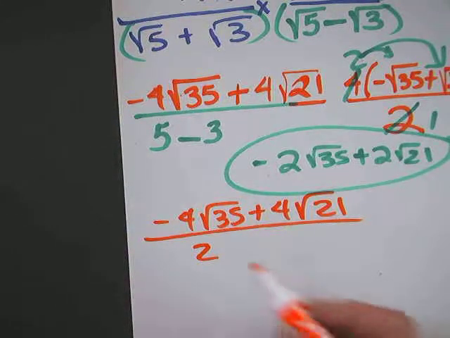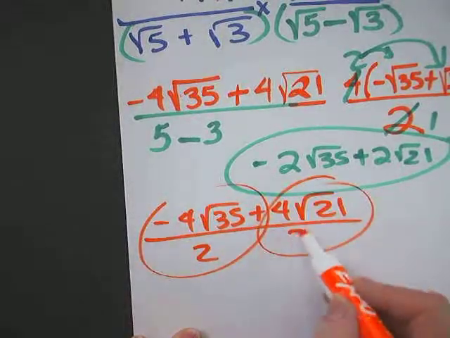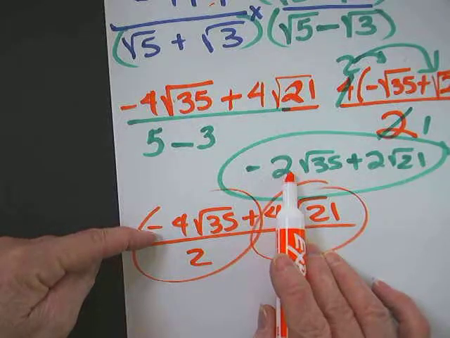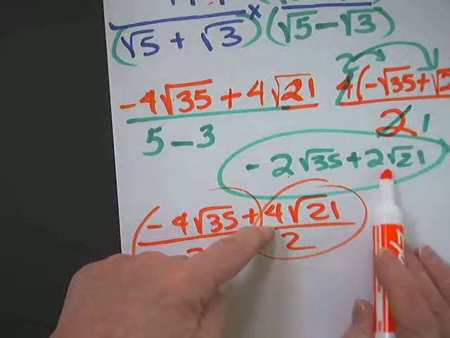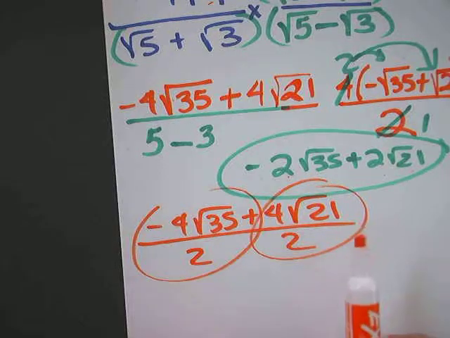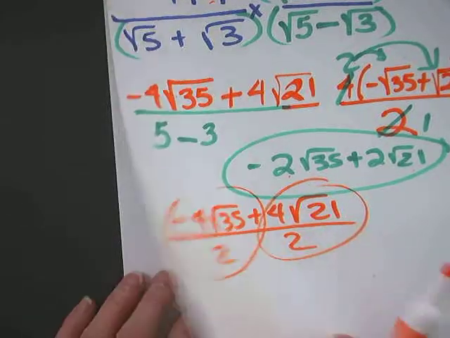So we can divide by 2, and then you're going to have to multiply it back. So instead of factoring it and doing that, I'll show you what else we could do. We have negative 2 square root of 35 plus 2 square root of 21.